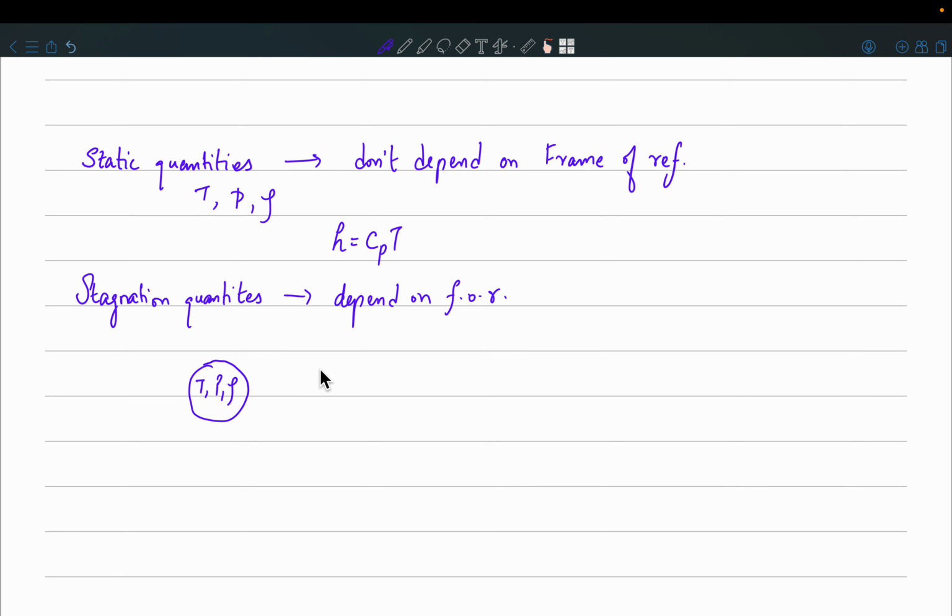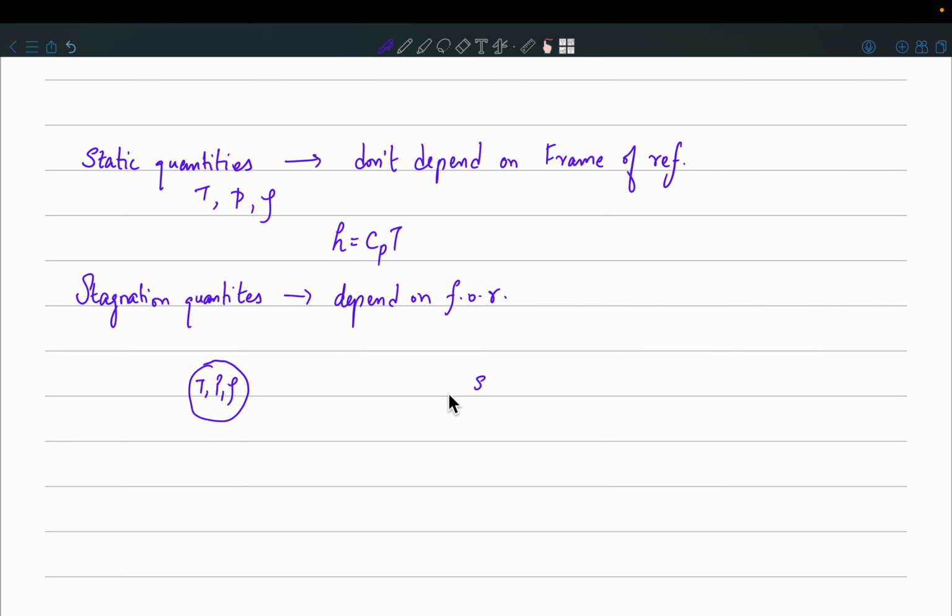If I were to calculate the stagnation enthalpy sitting in the frame of reference of the lab, then I'll bring this flow completely to a stop. But if I was sitting in some other frame of reference, which is, say, moving at some speed s, then I will bring this flow to a speed s.